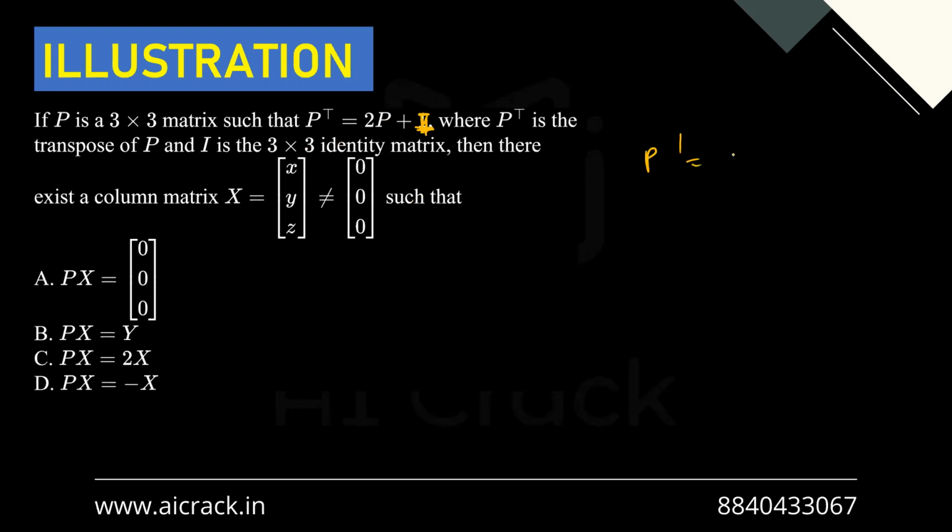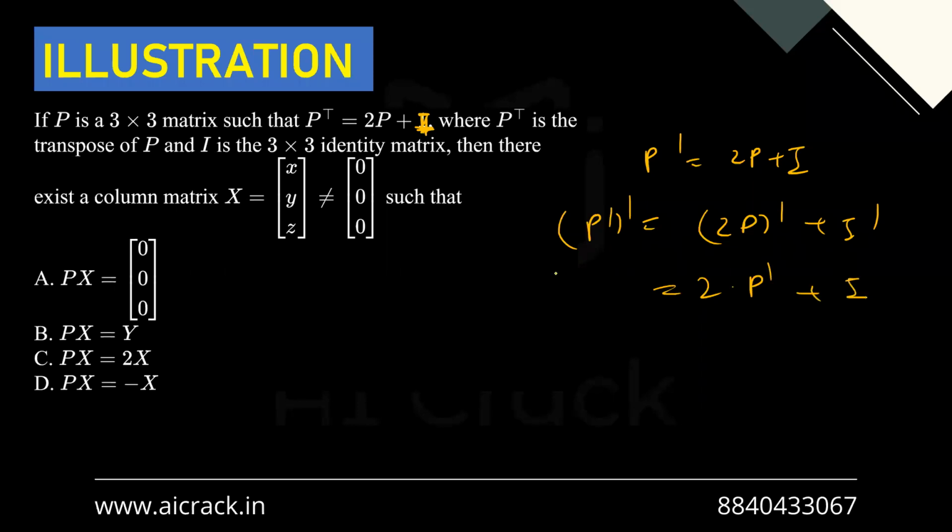So P dash equals 2P plus I is given. I'll take the transpose once again. I'll be getting P transpose equals 2P transpose plus I transpose. Now in 2P transpose the scalar can come out. That would become 2 times P transpose plus I transpose, which is nothing but I, and this would become P. Now in the options I cannot see P transpose, so I'll use this over here and eliminate the P transpose.